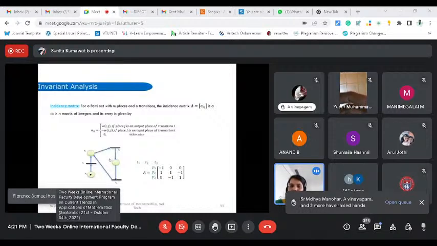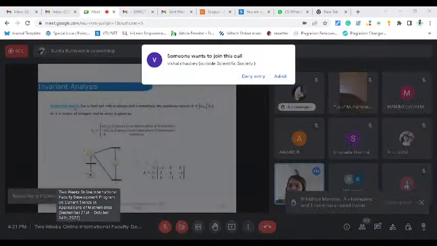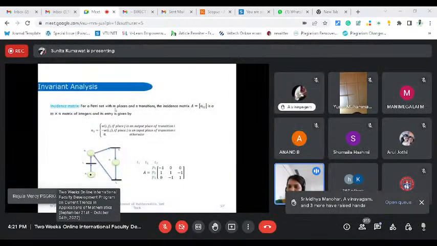So here the incidence matrix is for a Petri net with n places and m transitions. Already we have discussed what m is. The incidence matrix A_ij is an n cross m matrix of integers, and its entries are given by A_ij equal to W_ij, where W_ij is the weight of the arc from i to j.